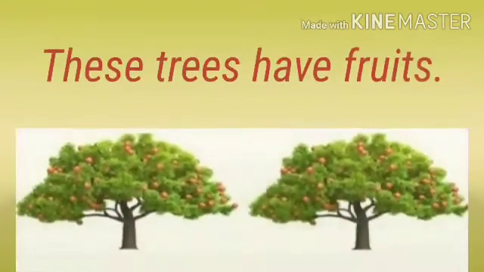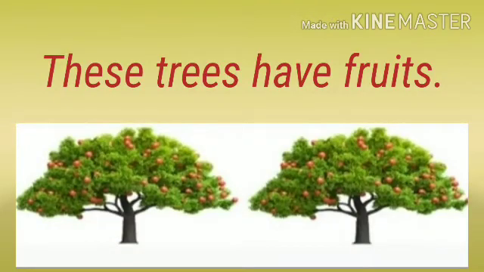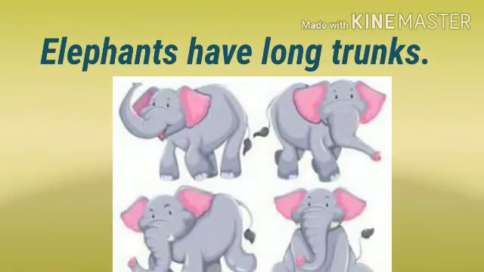See this sentence. These trees have fruits. In this picture we see more than one tree with red fruits. So we use have here and the sentence is: these trees have red fruits. Let's see one more example.